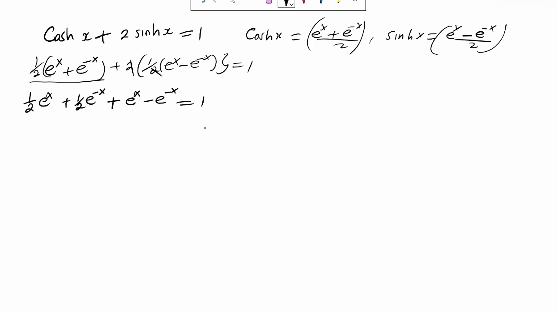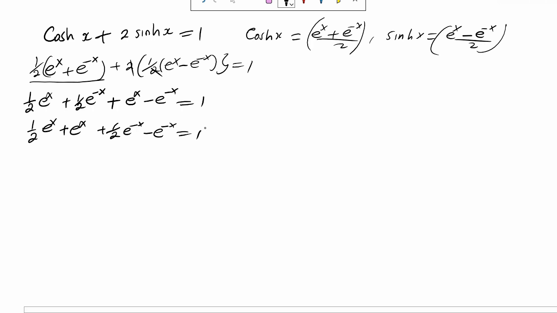We can collect like terms from here, so we shall have a half e raised to x add to e raised to x, plus a half e raised to negative x minus e raised to negative x equals 1.